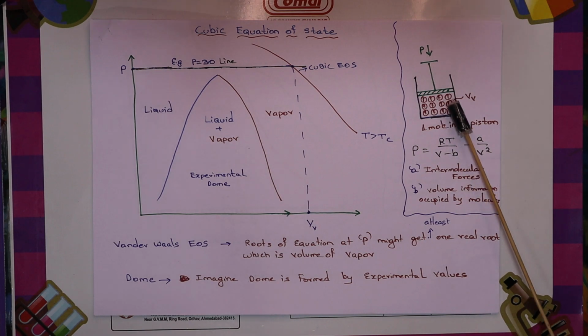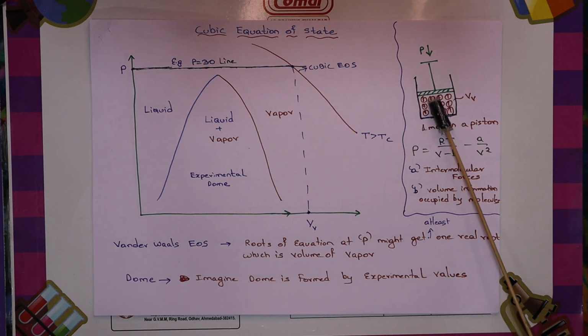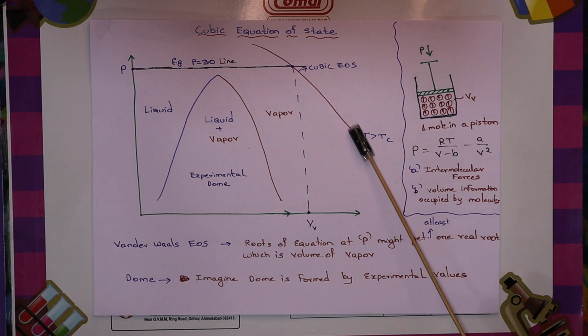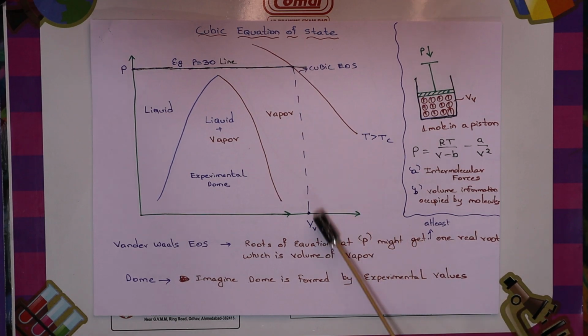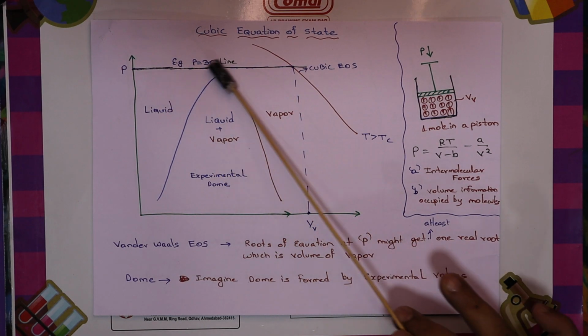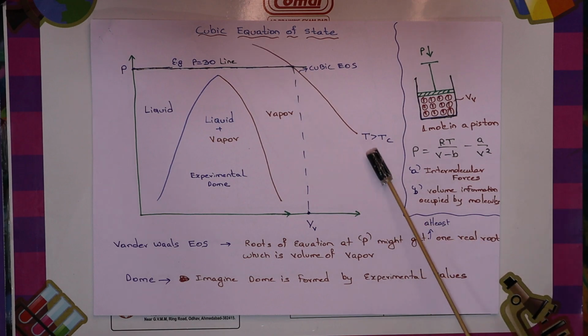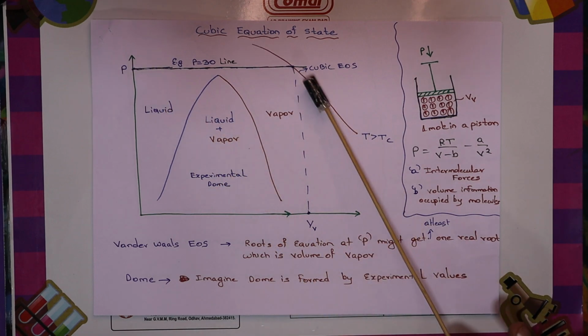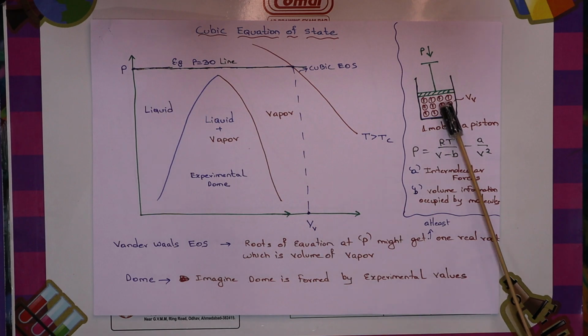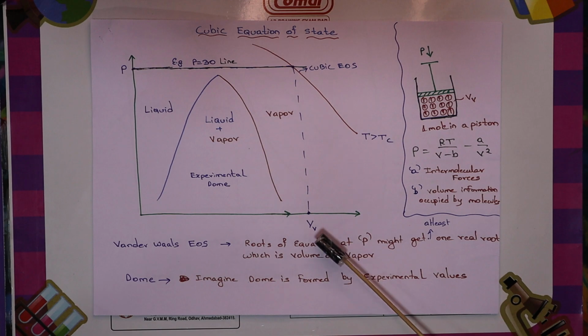Once you know that, then using the equation of state you can find the vapor volume at this pressure and this temperature. That is the molar volume of this particular gas, which can be estimated using the graph or using the equations.